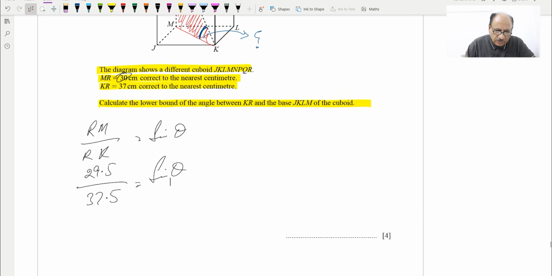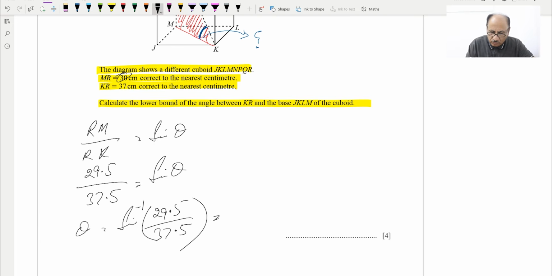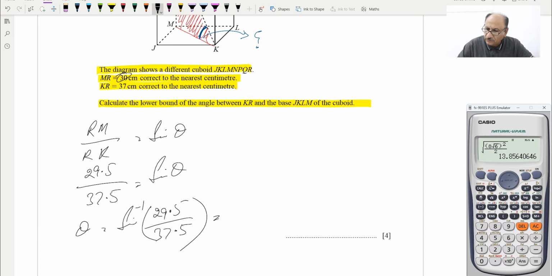So theta is equal to sine inverse of 29.5 over 37.5. Because this is a lower bound upper bound question, you need to take care of the bounds accordingly.